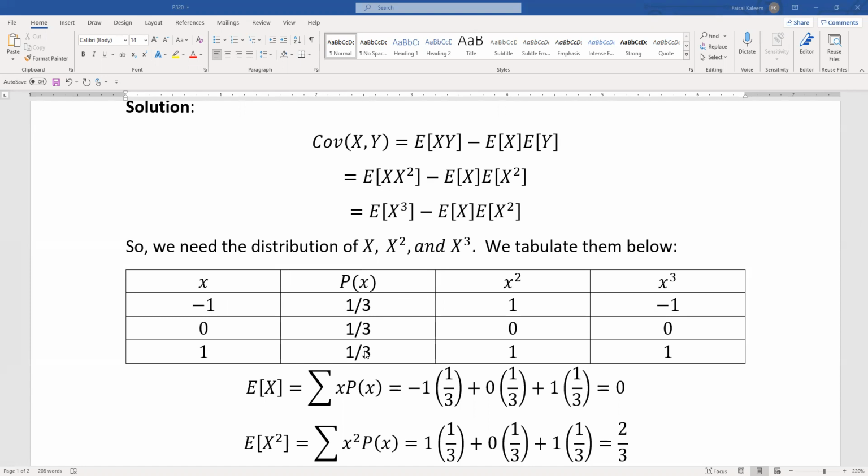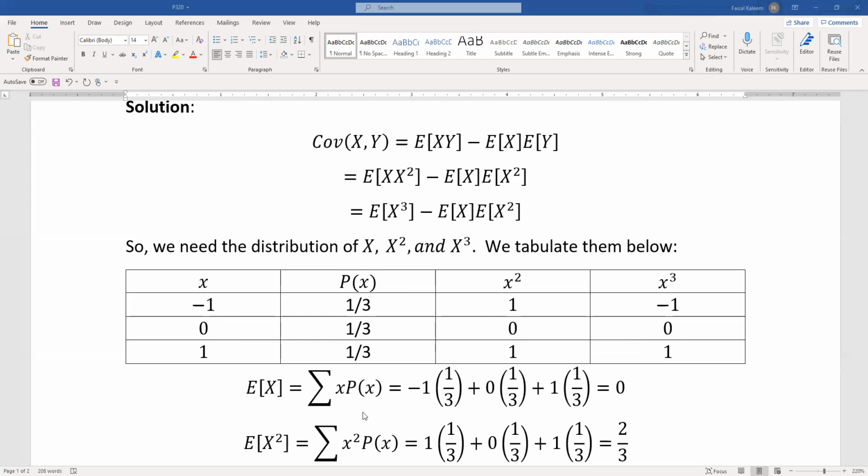Then we tabulate x squared and x cubed. For x squared, you just square the x values, so 1, 0, and 1. X cubed is the same as x, because when you cube -1, 0, and 1, you get exactly the same values back.